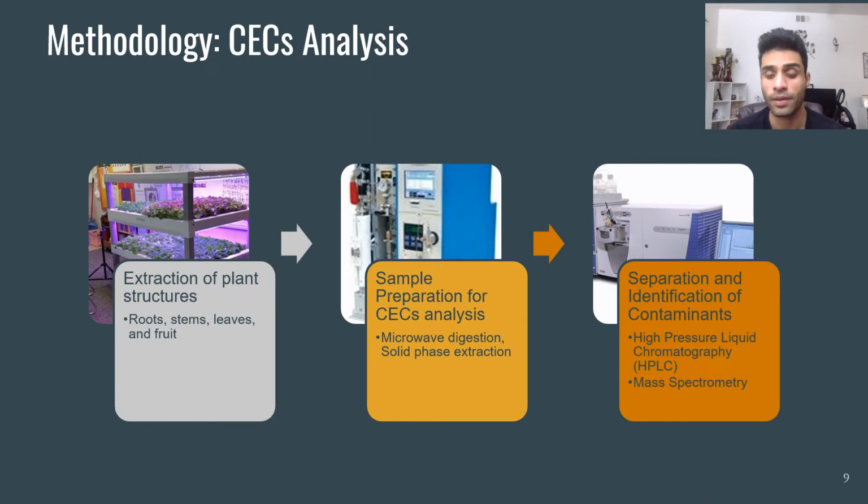Once the plants reached maturity, their roots, stems, leaves, and fruit structures were extracted, and then they were further processed so that they can be ready for the liquid chromatography and mass spectrometry to identify and quantify the contaminants of emerging concern in the plant structures.